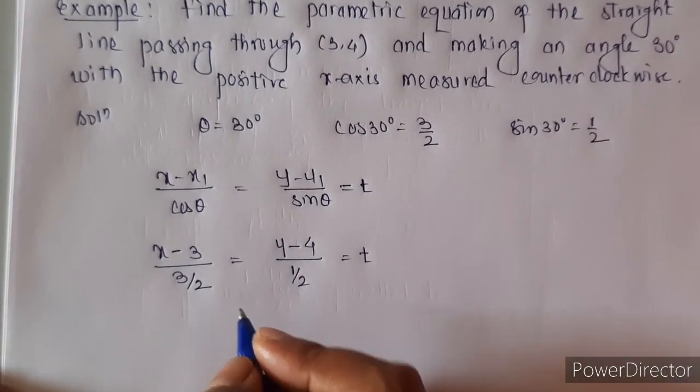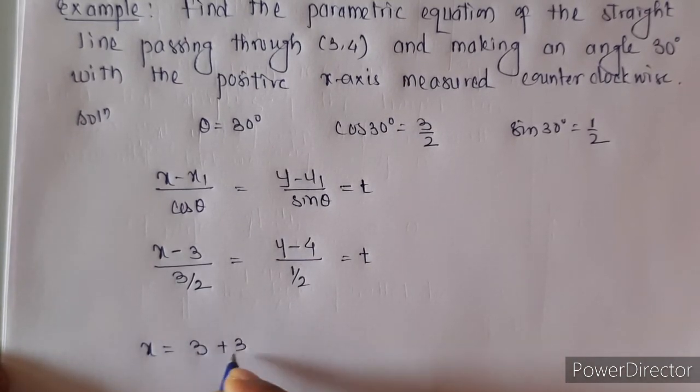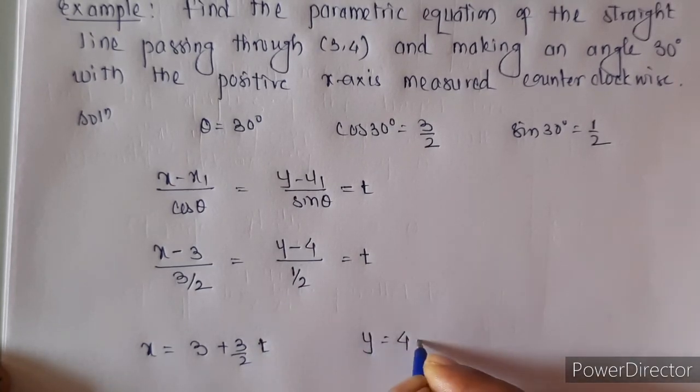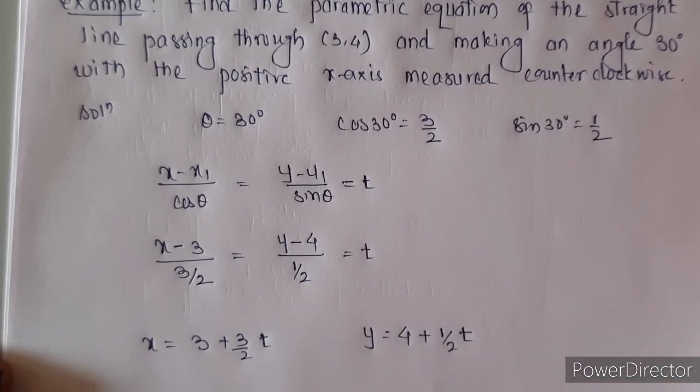The equation in parametric form is x equals 3 plus root 3 by 2 into t and y equals 4 plus half times t, or t by 2.